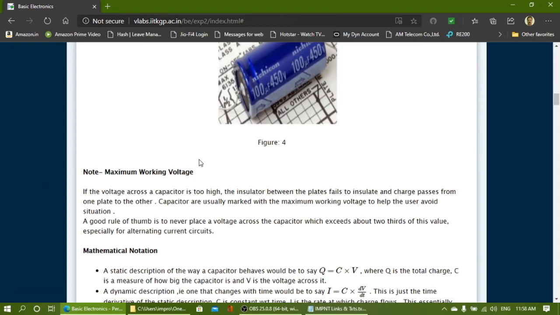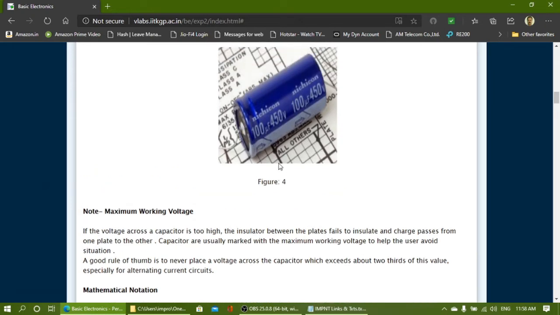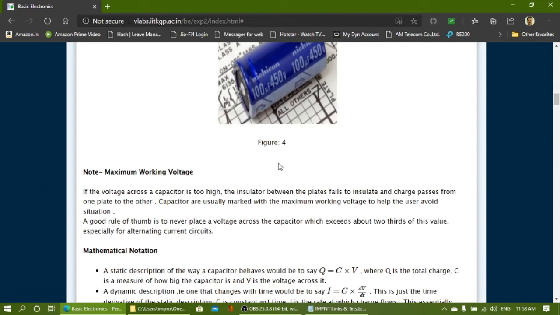Maximum you will get is 15,000 microfarad, not more than that. So 15,000 microfarad is also very big in size. So you can easily assume, if it were a farad value, how big it would be.